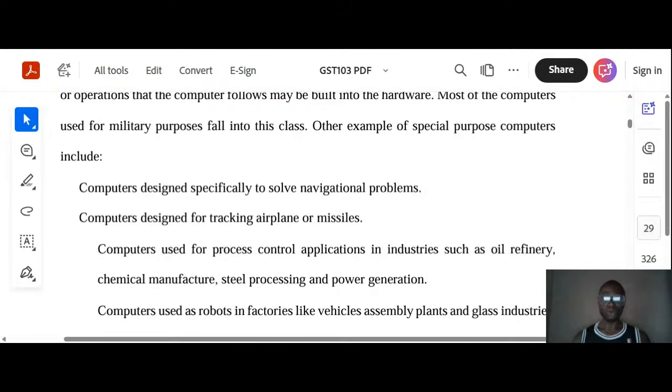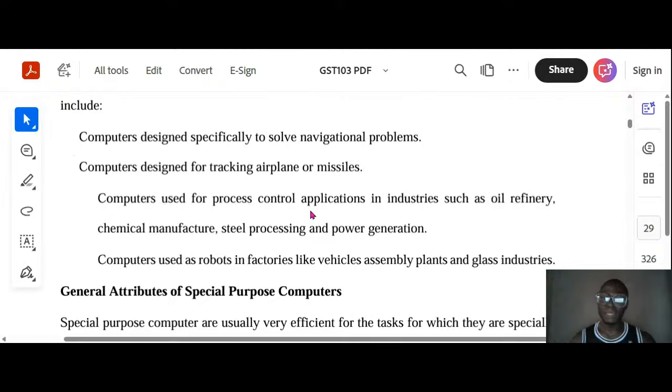So there is a computer that automates that process in the oil refinery. It's a special purpose computer because all that computer will do all its life is just automating the process of refining oil. That is the only thing it is meant to do. That's why I would say special purpose. They are meant for this particular purpose. So we've mentioned many examples of them.